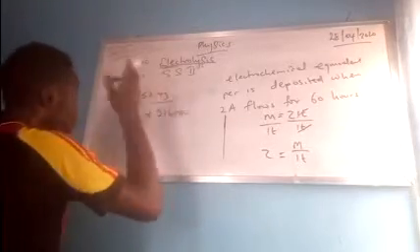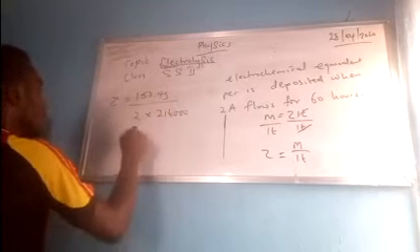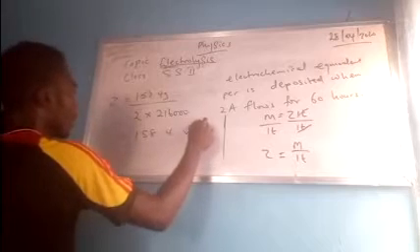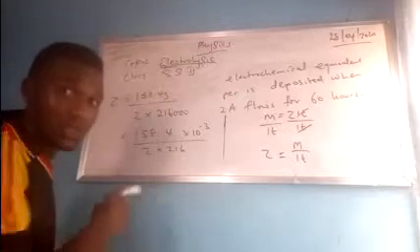If you calculate this, you should have 158.4 multiplied by 10 to the power of minus 3 over 2 times 216. Forget about it, I'm just trying to do my calculations.